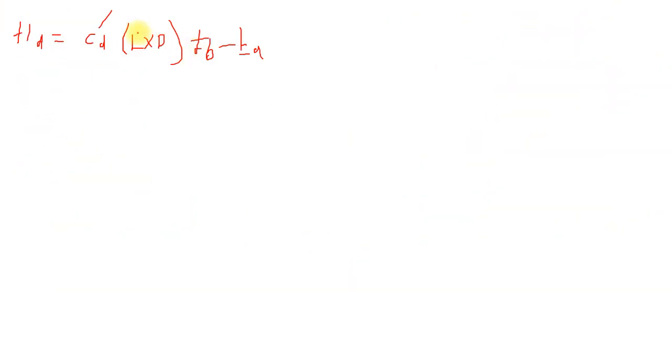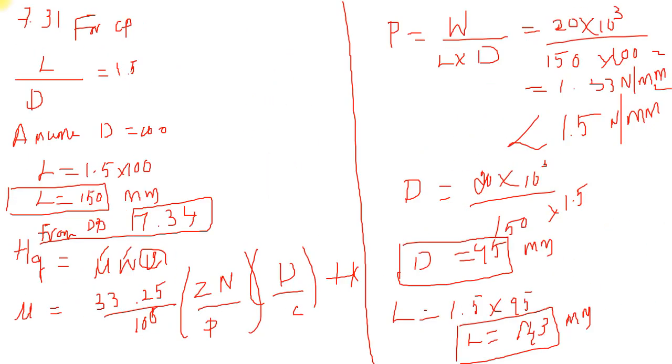I know the L value, I know the D value. Now we need TB minus TA. So TB minus TA can be written as 1/2 into (T naught minus TA). These values are given in our problem.